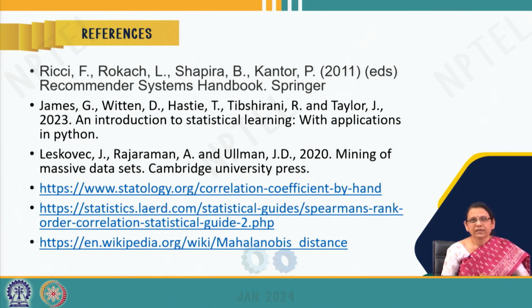For example, in case of time series data, probably you have to take a different distance measure. In case the data is text data, probably the distance measure will be different. But right now we have limited ourselves to only these measures, and in a subsequent lecture, if we come across a situation where a new distance measure is required, we may discuss that.